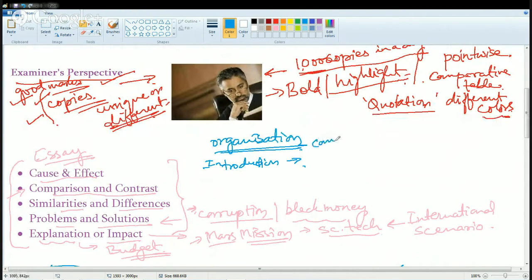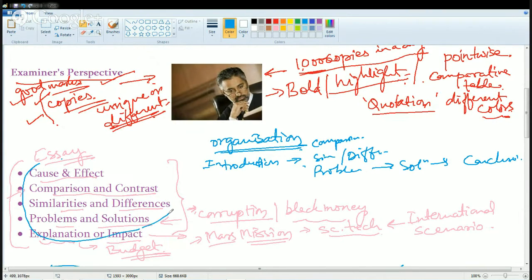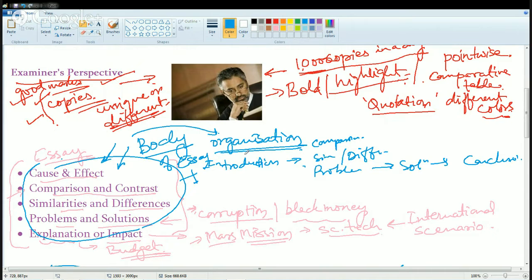You can provide a comparison or contrast analysis. You can start with similarities, you can start with differences, you can start with problems, then move on to solutions, and finally to a conclusion. Whatever we have mentioned here would basically be part of the body of the essay. But we are understanding it here in the introduction because based on these, we would try to form a good introduction for the essay.